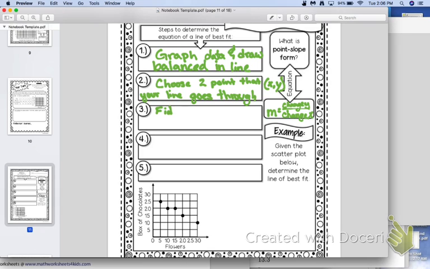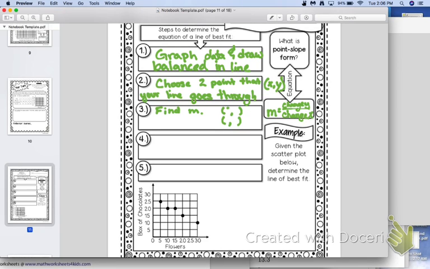Just a quick reminder about finding m. M is our slope. So remember, that's when we do the how many steps, and we stack them on top of each other. So let's look at this.